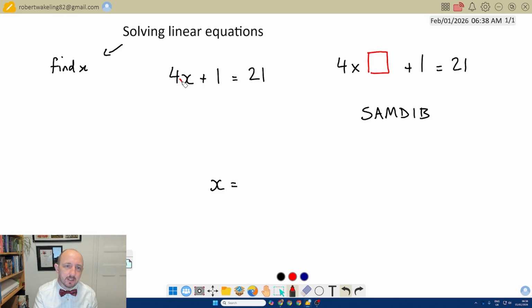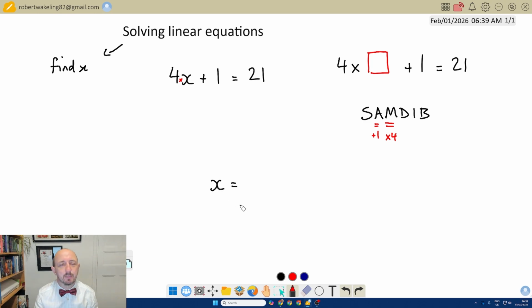Well, there's an invisible times sign here. 4 times x, x times 4, they're the same thing. So we have a multiply 4 here that we need to get rid of. We also have this add 1 that we don't want. Okay, so this and this need to go, and that is our job when we're solving. We need to get rid of the extra stuff.